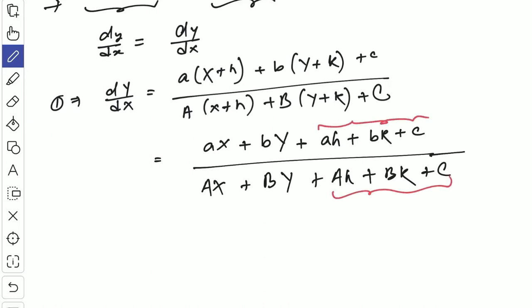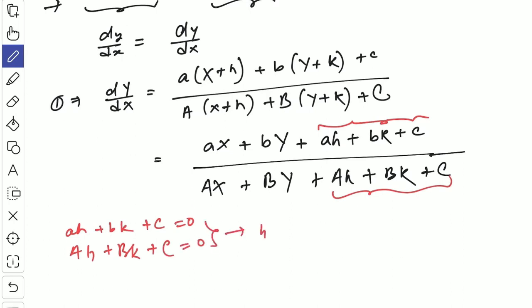So that means we are going to solve these two: small a h plus small b k plus small c is equal to 0, and capital A h plus capital B k plus capital C is equal to 0.